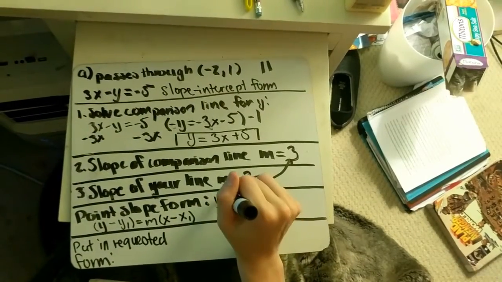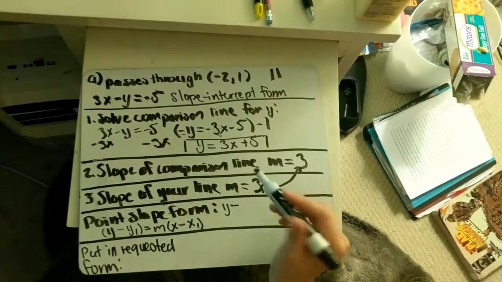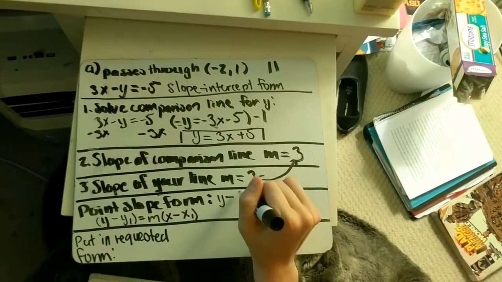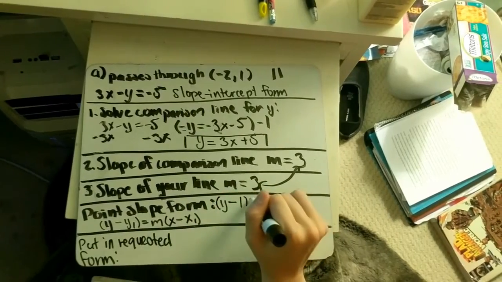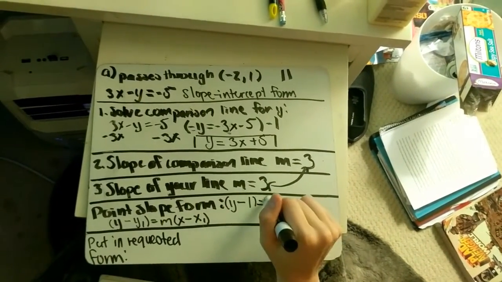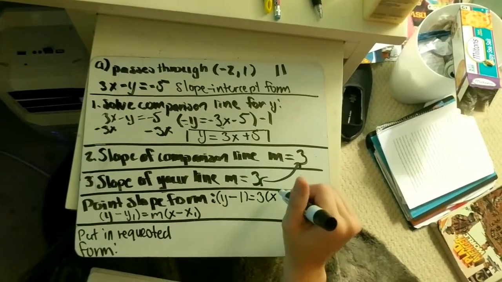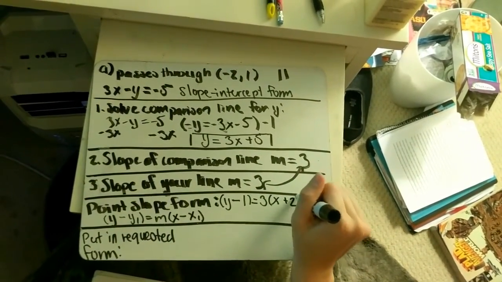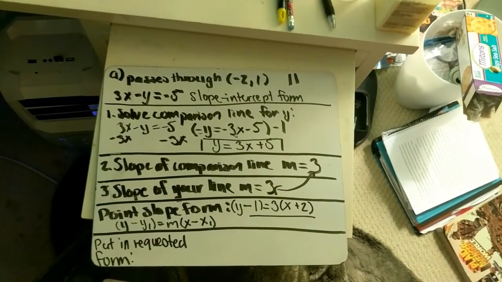y minus 1 is equal to 3 times x plus 2. That will be our point-slope form equation.